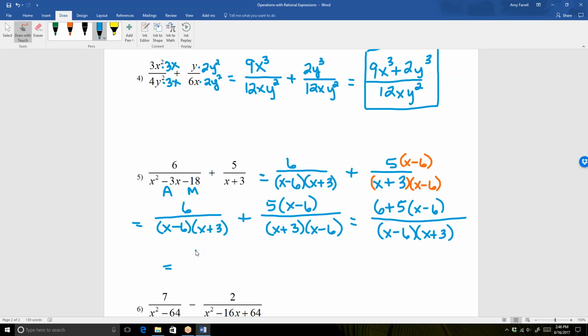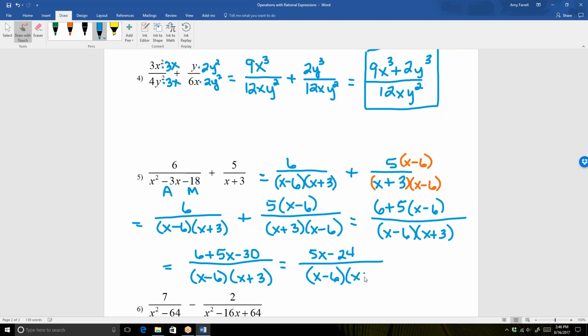Okay, and then the last thing I'm going to do is distribute in the numerator and combine like terms. So distribute, combine like terms. Final answer is 5x minus 24 over x minus 6 times the quantity x plus 3.